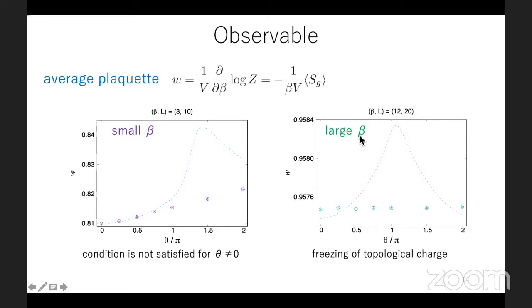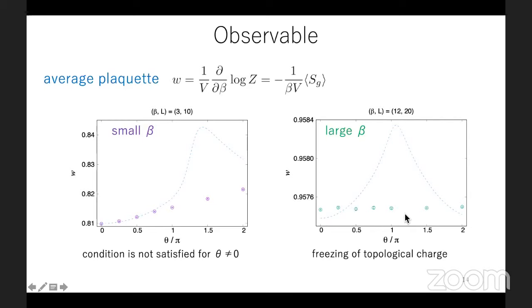On the other hand, for large beta, we can also plot the simulation data and the analytic solution. In this case, freezing of topological charge also occurs at theta equals 0. So freezing always happens, independent of theta.